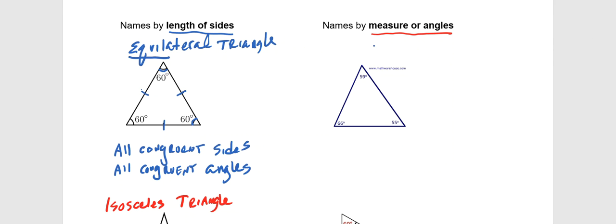Those are the same types of words that we use for describing triangles based on their angles. You look at this first triangle, you notice that there's an angle of 59 degrees, an angle of 66 degrees, and an angle of 55 degrees. All of those are acute angles, and as a result, this is called an acute triangle.